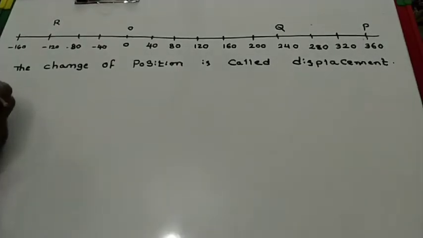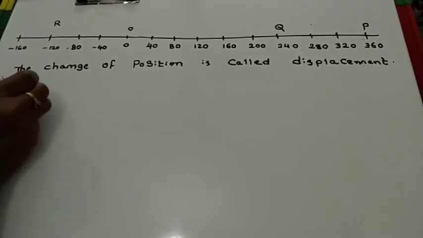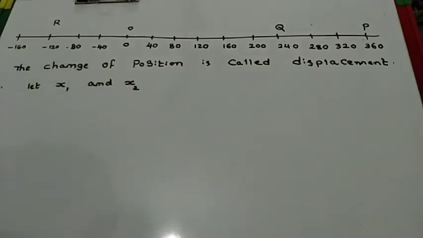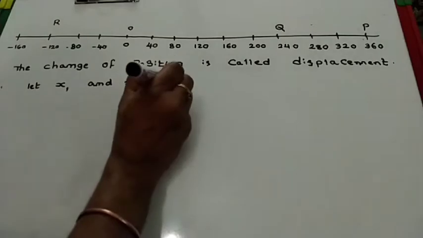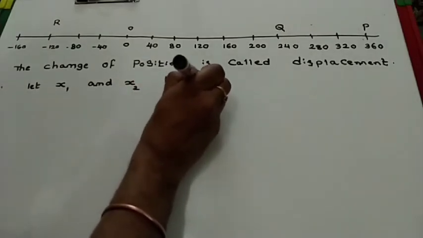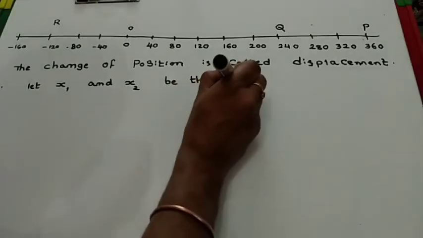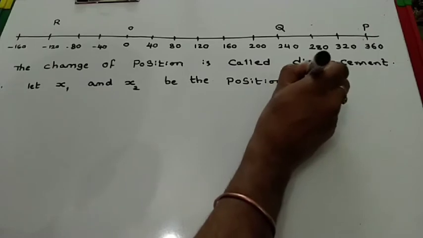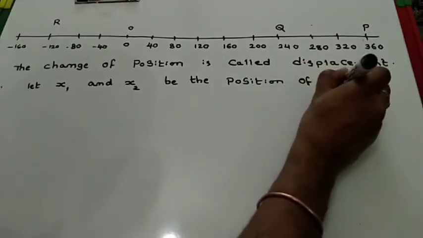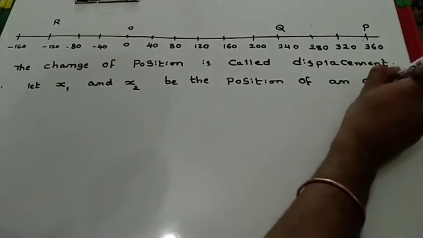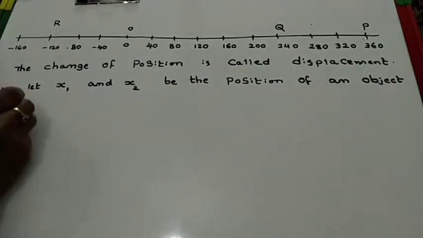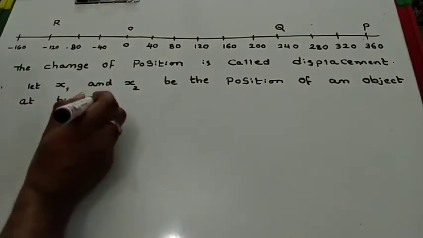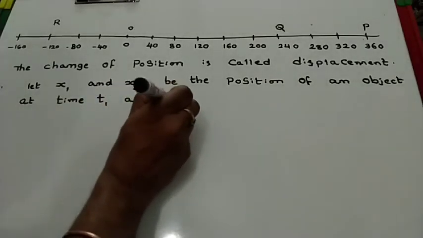Now go point by point. Point number 1. Let x1 and x2 be the positions of an object at times t1 and t2.